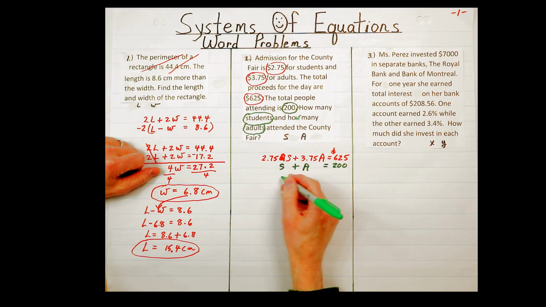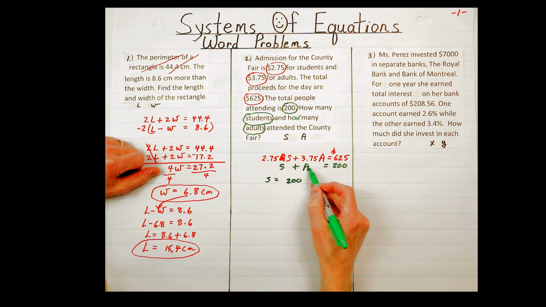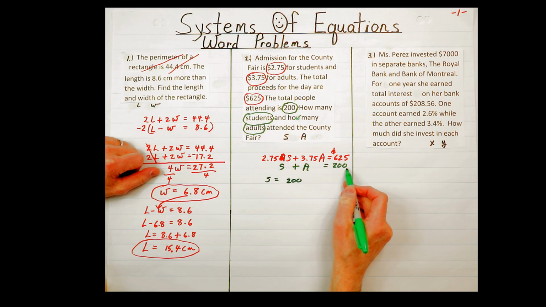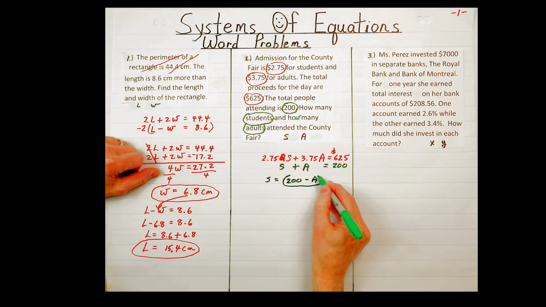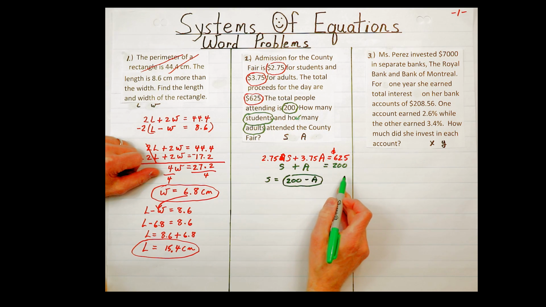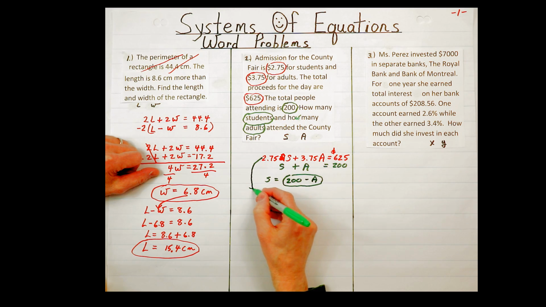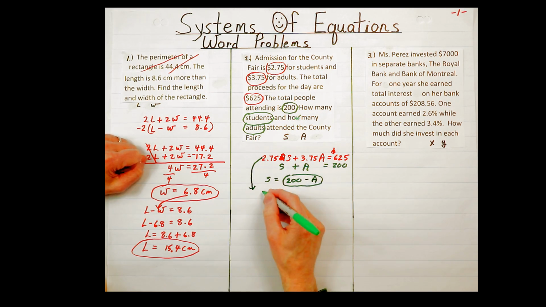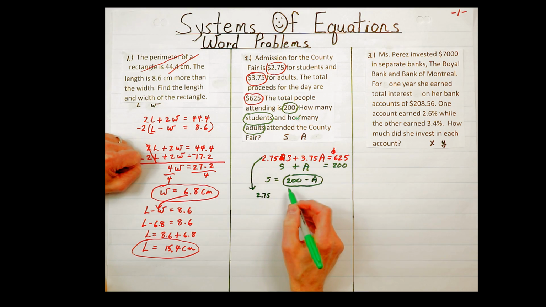So let's just say S is equal to 200, and I have to move this A over to be with the 200, so it'll be minus A. So S equals 200 minus A. Now I'm going to bring this equation down here. $2.75 times the number of students, but in place of students, we're going to put 200 minus A.